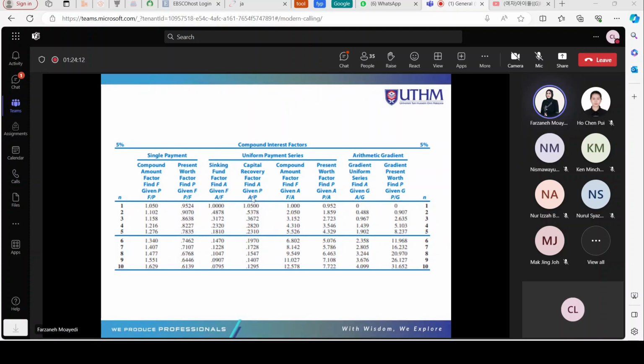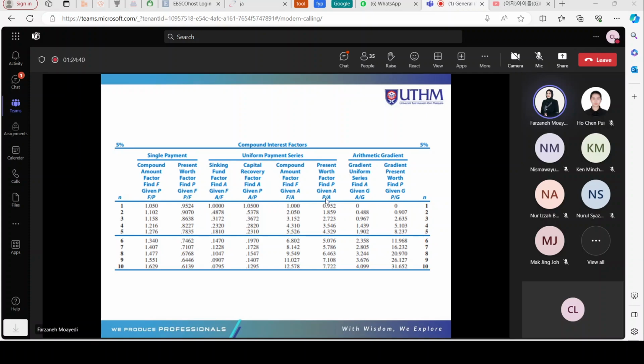You want to calculate the uniform series when you know the present sum or the present value. Next one, we have F/A. So we have the future, and here we are finding F when given A. You want to find the future value of a uniform series.